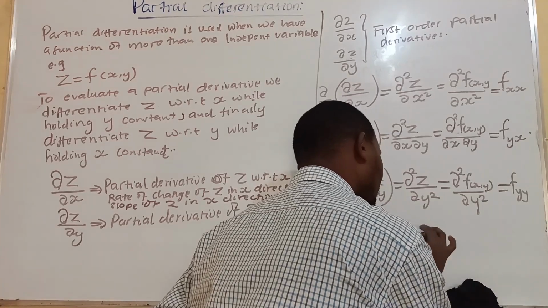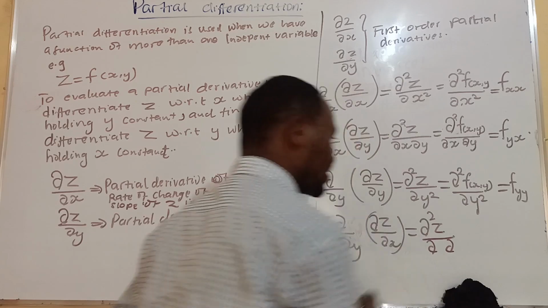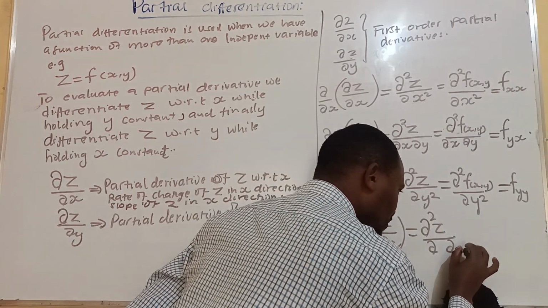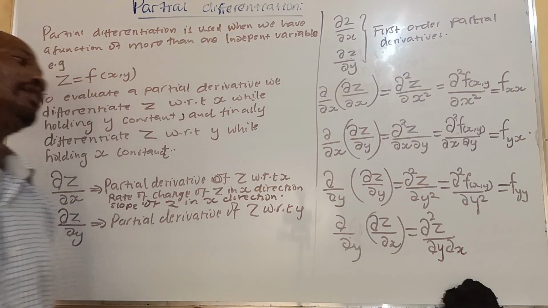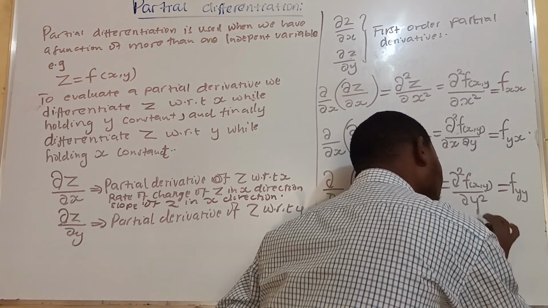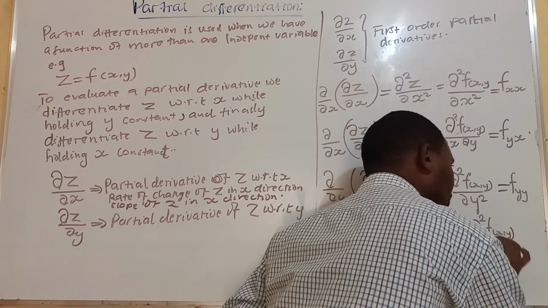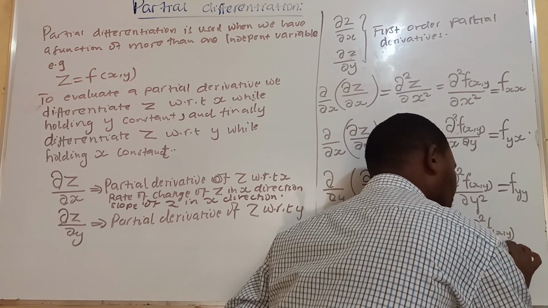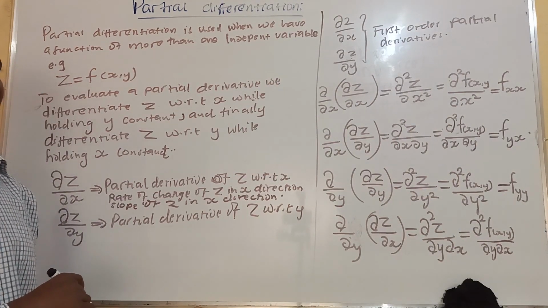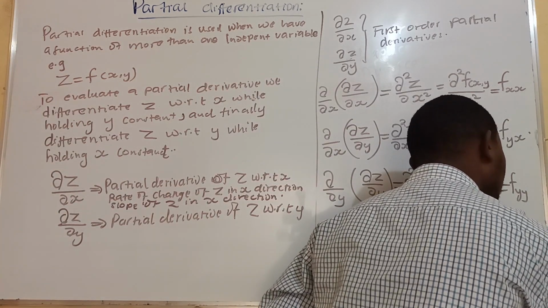This is denoted as the second order derivative of z, first with respect to x, then with respect to y, which we can denote as second order derivative of the function of x and y, first with respect to x and then with respect to y, which is denoted as fxy.